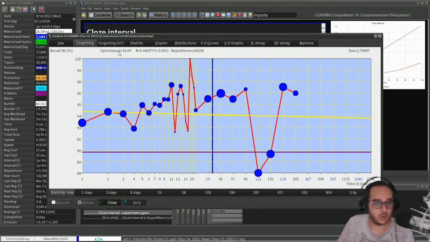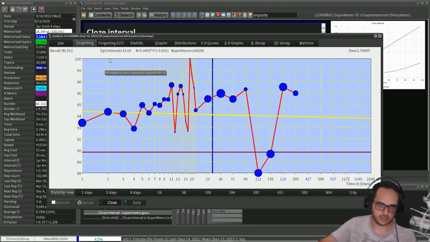So I was using the cloze interval, but I was heavily using the advanced English collection and therefore using the pending queue, therefore using the optimum interval. That's why I had crazy first intervals most of the time.